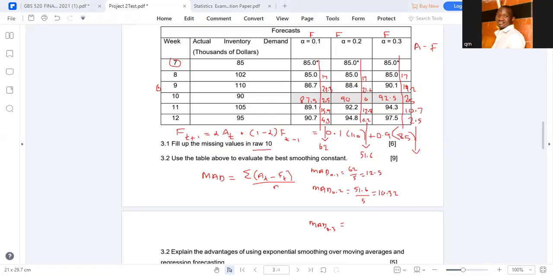When you total up, what are we getting? This total here, we're going to get 52.6. What do you do to the 52.6? We divide by 5. And what do we get? 10.52. So which one do you pick here?